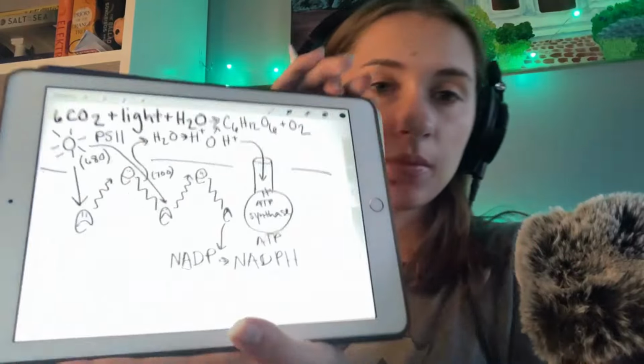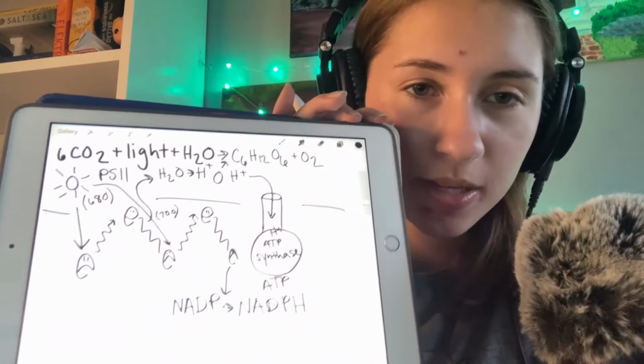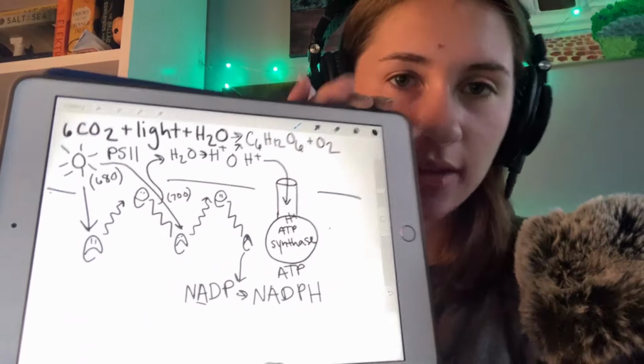Basically, we have this thing called NADPH. So the energy from that sad electron is going to go to the NADP and turn it into NADPH. So it's just the happy electron energy going to NADPH, and that is Photosystem 1.